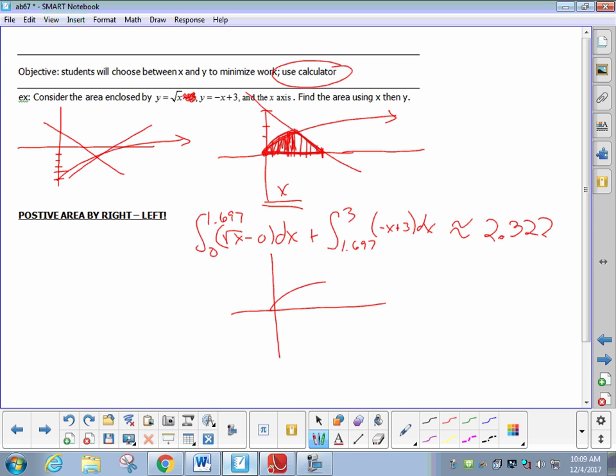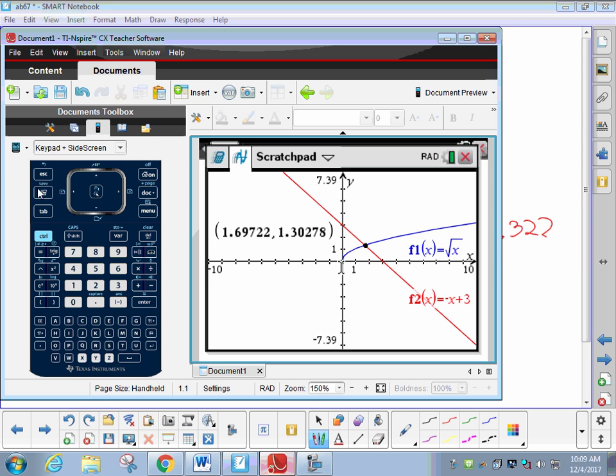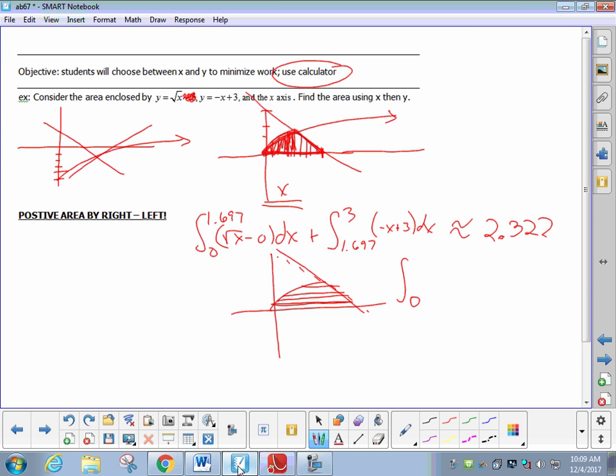All right, now if I were to do the same problem in terms of y, the beauty of y in this case is that as opposed to the x, where it's two upper minus lowers, when you do y and the rectangles are going this way, you're doing right minus left. And it's always the same right and always the same left. So you really only have to do one integral. It is from 0 to the y of my intersection point, 1.302.